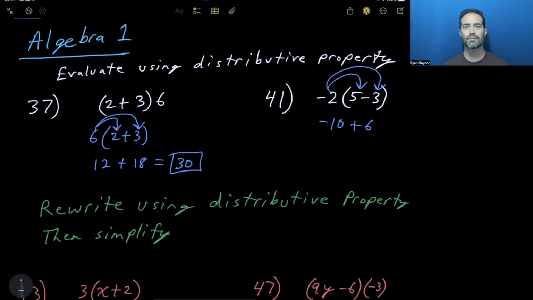Okay. Now we have negative 10 plus 6. The way I like to explain this is to think about money. Negative means you borrowed money, right? So let's say you wanted to buy something for $10, you didn't have $10, so you borrowed money from a friend. So you are negative $10, okay? Let's say the next day you go to pay that friend back, but you only have $6.